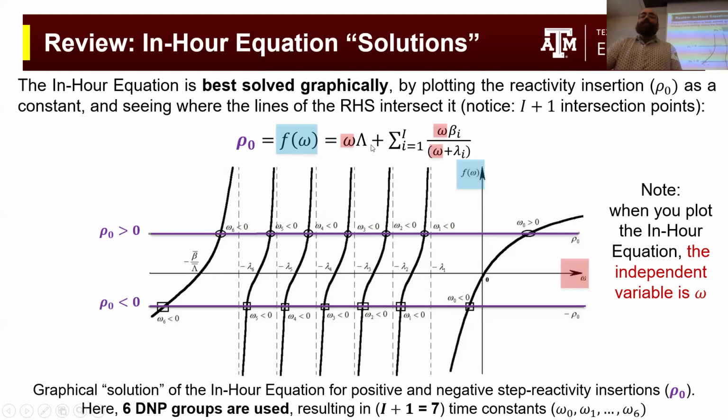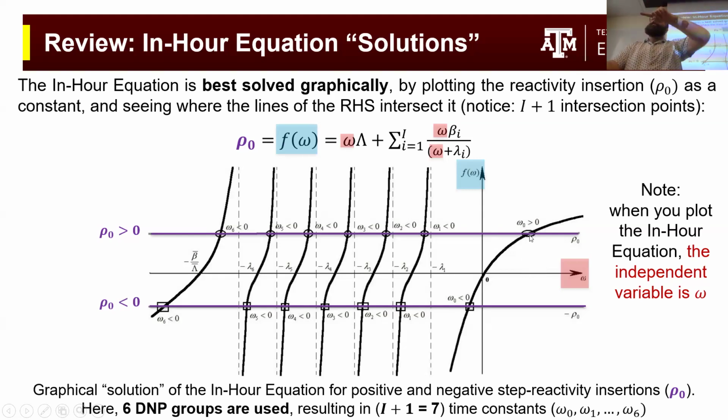So the solutions to this equation are where the reactivity insertion lines intersect with the n-hour equation. There are going to be I plus one intersection points, and each intersection point has a corresponding x value, or omega value, that represents a time constant.